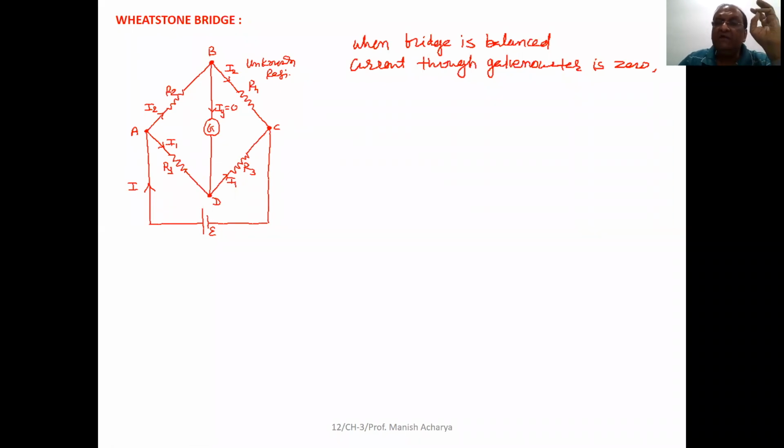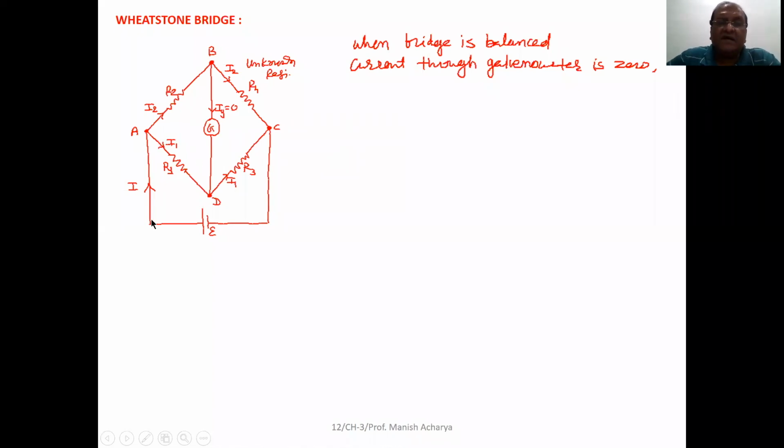So here we have to adjust the values of the resistances R1, R2 and R3 such that the galvanometer shows you 0 deflection. So current through galvanometer is 0 and we can say bridge is balanced.